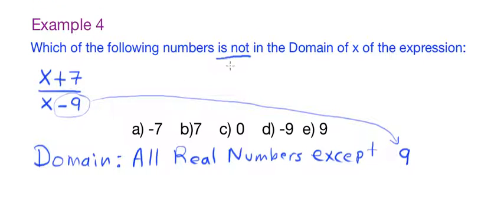So since they want you to identify which is not in the domain, well, negative 7 is in the domain, it's a good input, 7 is a good input, 0 is a good input, even negative 9 is a good input. The only bad input is 9. So this is the one that you have to pick as your answer, right? 9, because 9 is the only one who is going to give us 0 here on the denominator, and it will cause this undefined situation.